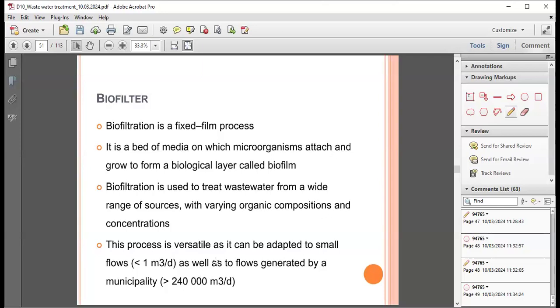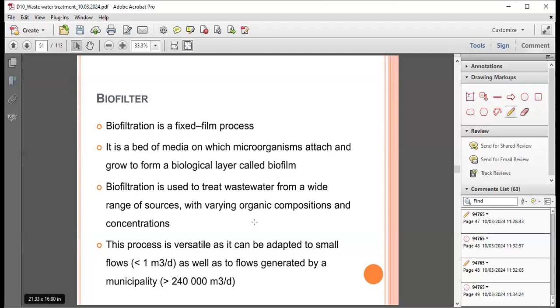This process is versatile. It can be adapted to small flows, less than 1 cubic meter per day, as well as to flows generated by a municipality.